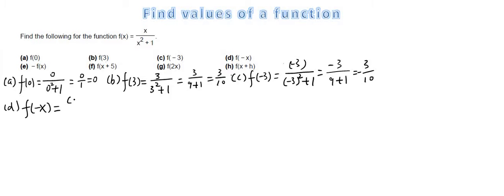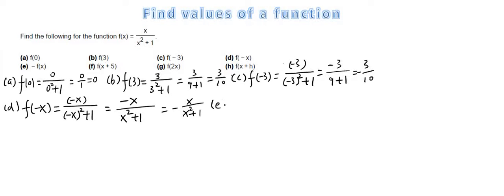So for the numerator we have negative x, and the x in the denominator is replaced by negative x squared. So we have negative x over negative x squared plus 1, and negative x times negative x is positive. So that means negative x over x squared plus 1.